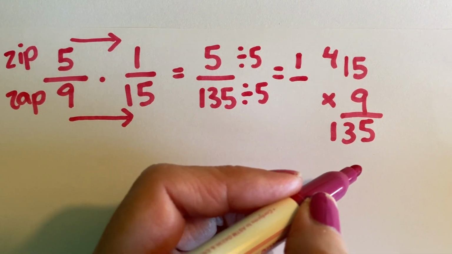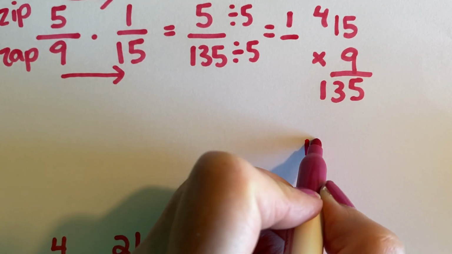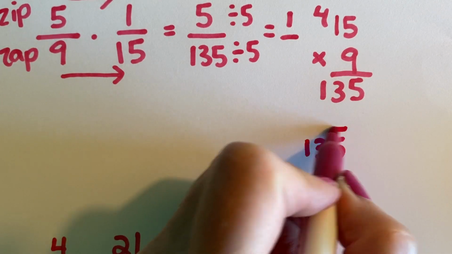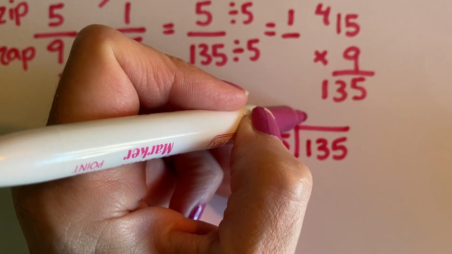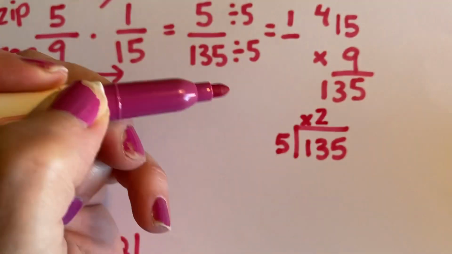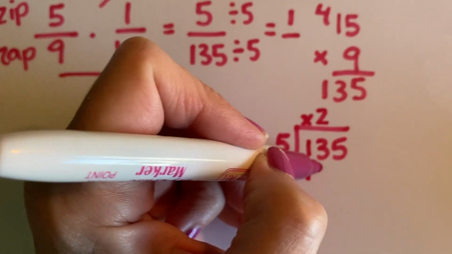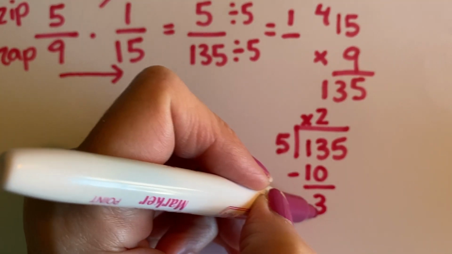Let's do a little long division. 135 divided by 5. So 5 can't fit into 1. 5 can fit into 13 2 times. 2 times 5 is 10. When I subtract, I get 3.